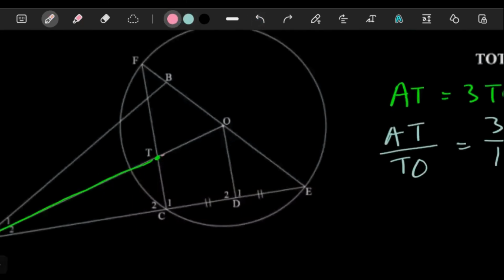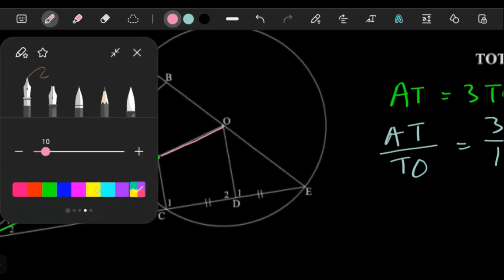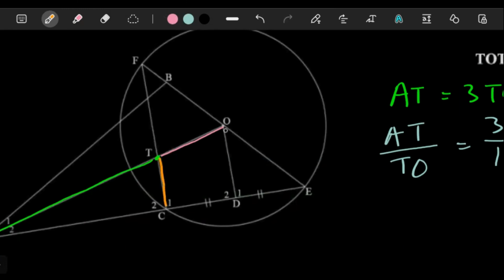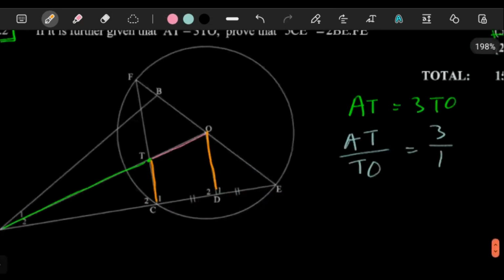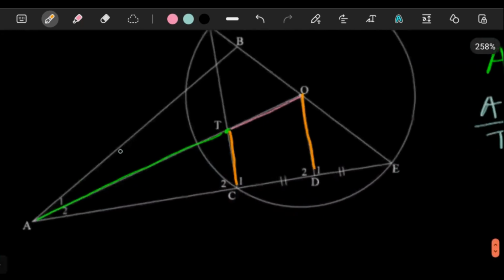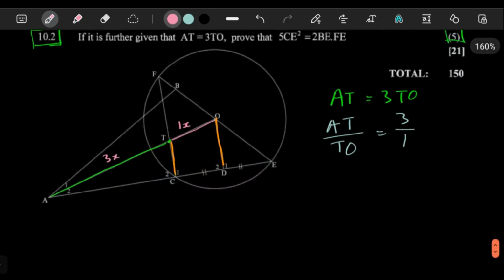And then let us not forget that these lines are parallel to each other. So we already have a ratio here. AT to TO is just 3 to 1. So here we can put a 3x here and a 1x over there, because it's a ratio. And let's just remind ourselves that these are parallel.